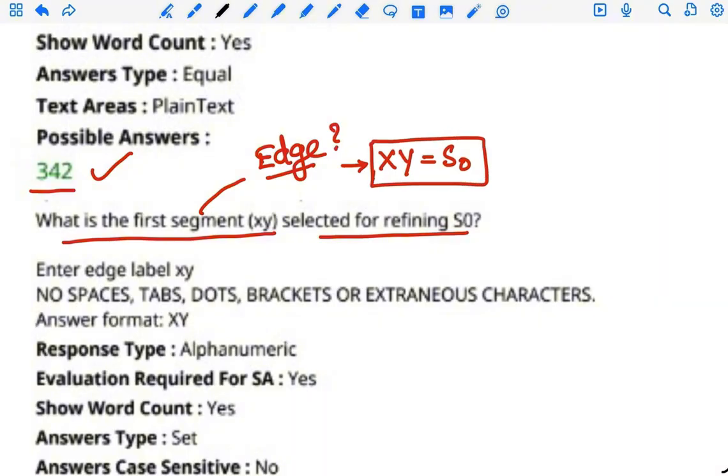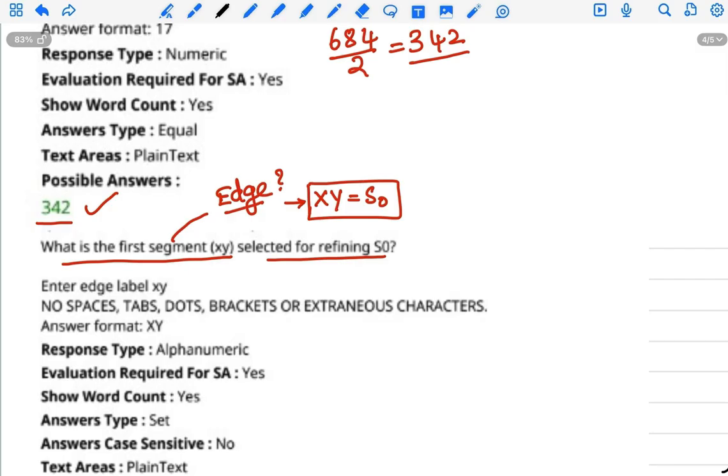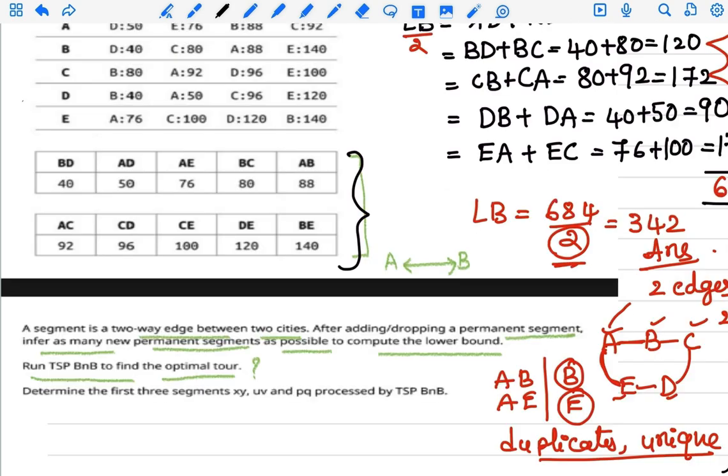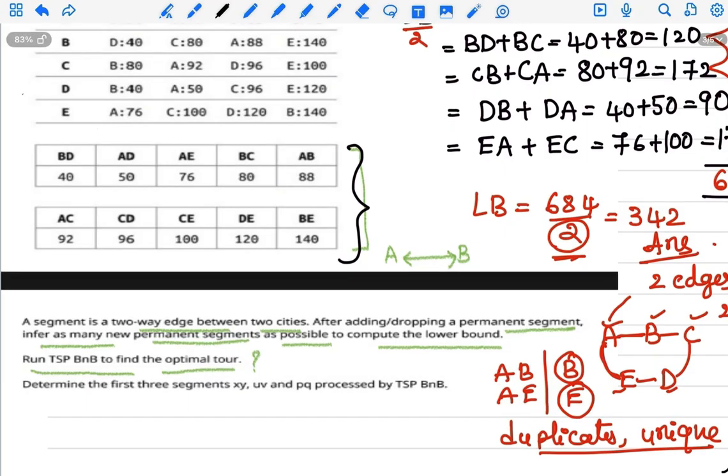Both are similar, friends. So you have to find this one. What is the first segment you selected from the distance matrix? Every edge is the distance from that node to the next node, and it is in ascending order. So first you have to select the least distance edge. So this is the least distance, right?